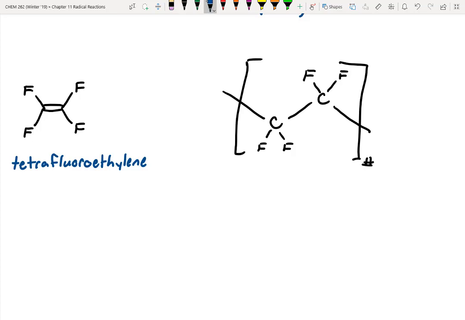So naturally, the name of this one is polytetrafluoroethylene. Oftentimes, you'll see on the label PTFE, so that's the abbreviation.